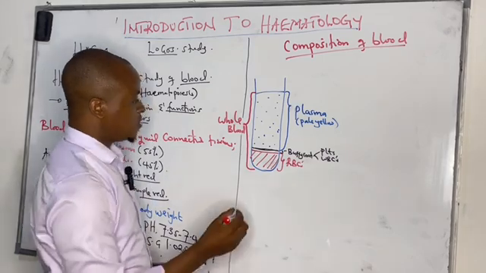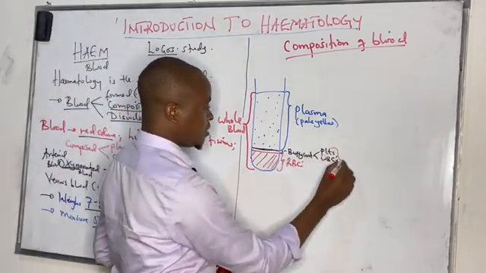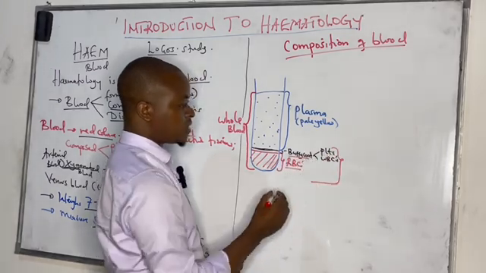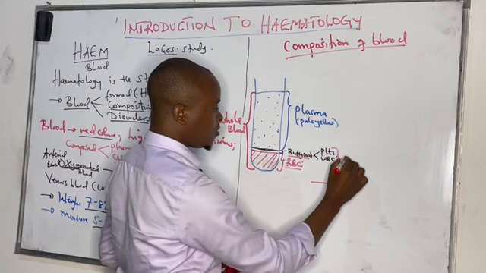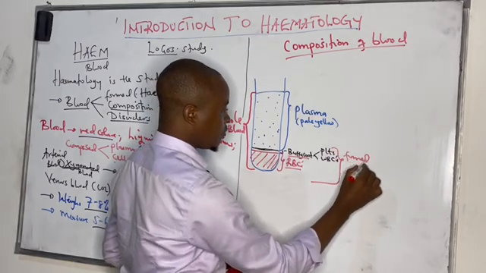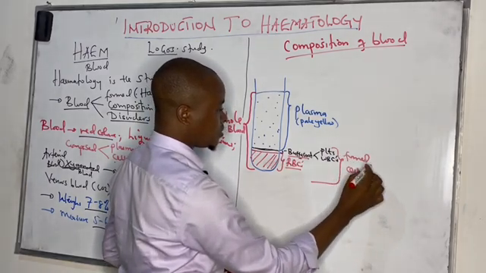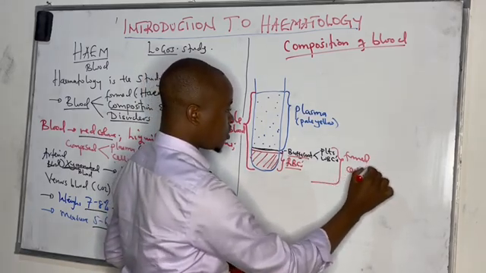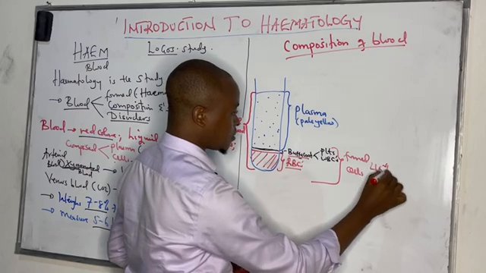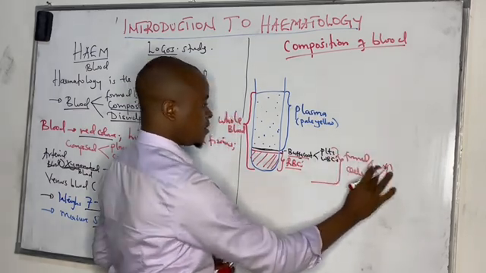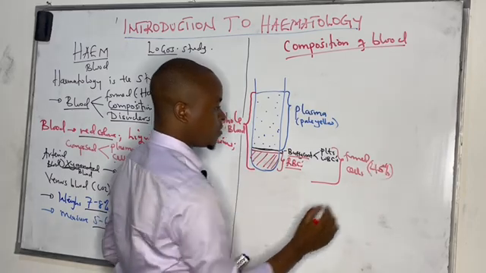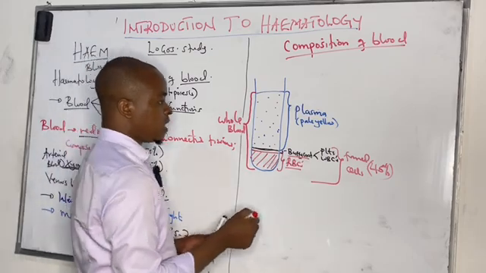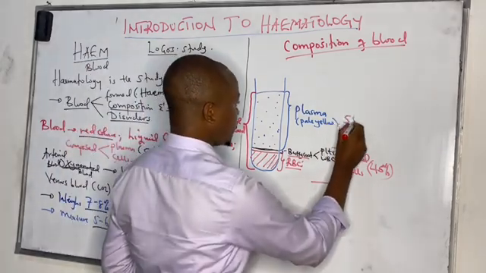And we have said that the red cells together with the buffy coat containing platelets and white cells are the ones that compose the formed cells. These formed cells, we said they occupy 45%, whereas the plasma occupies 55%.